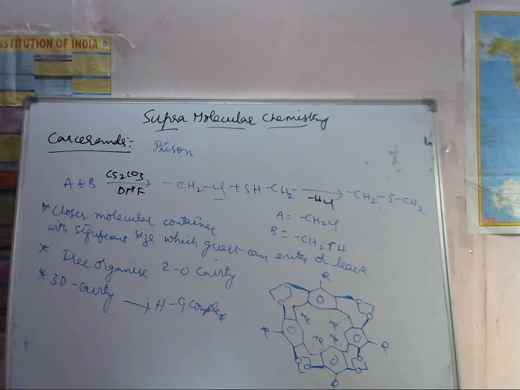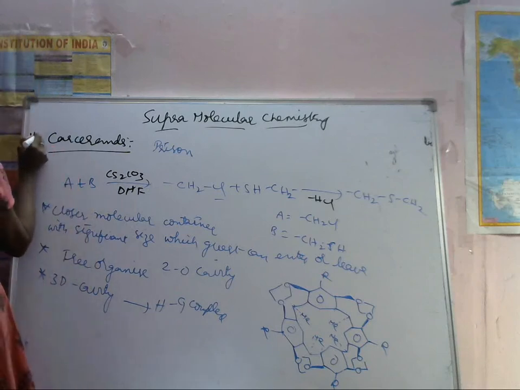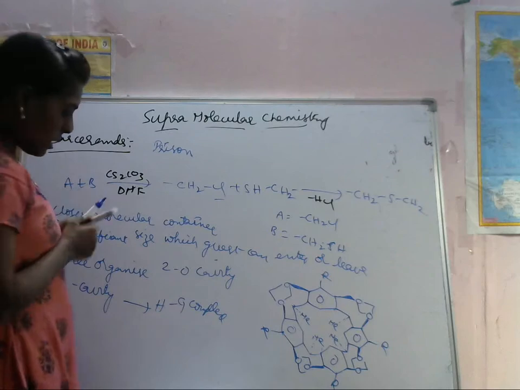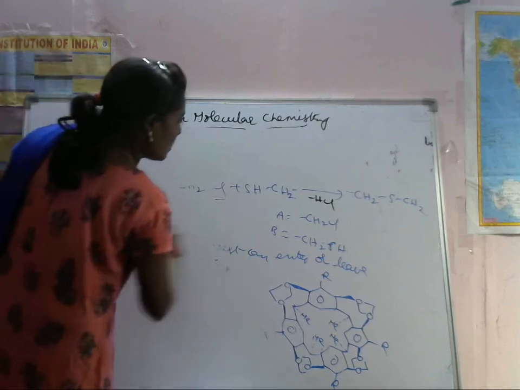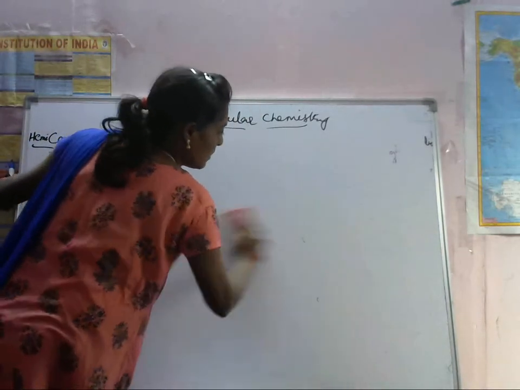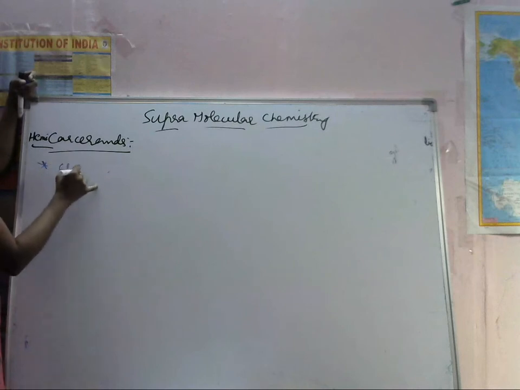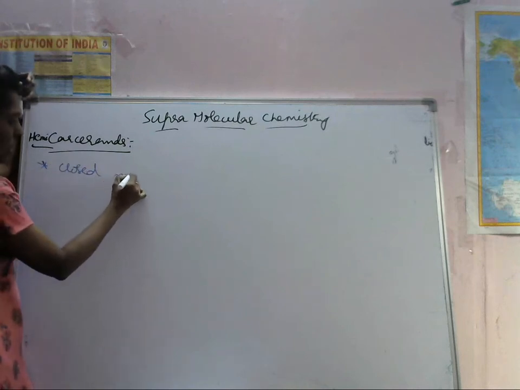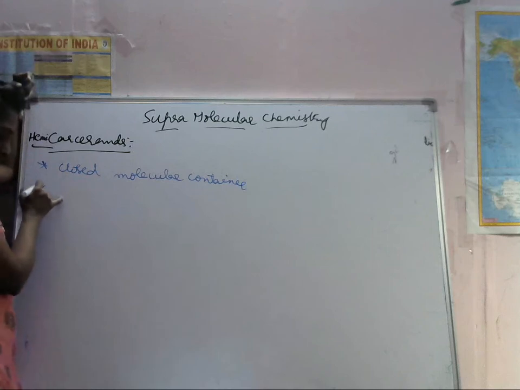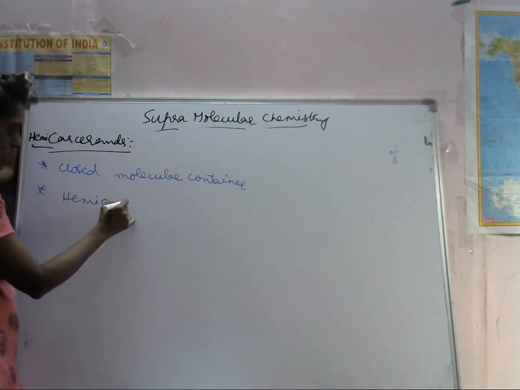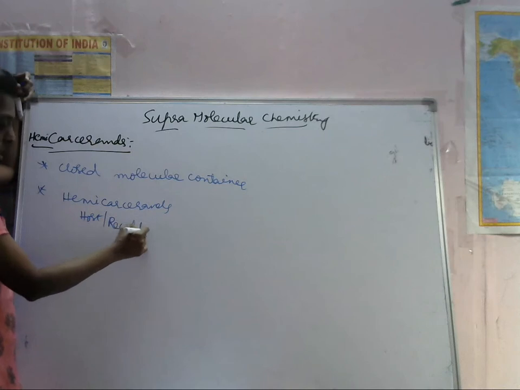This is the carcerands. Let's see the hemicarcerands. Hemicarcerand is a closed molecular container. Hemicarcerand means host or receptor.